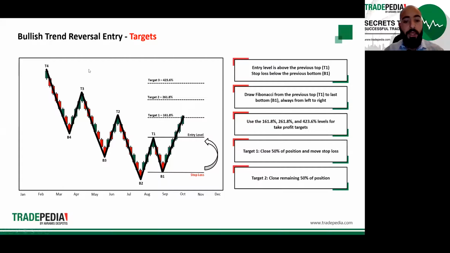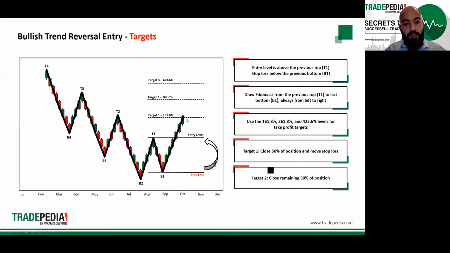If you want to wait all the way towards target 2, it is up to you as well. However, my advice for you guys, because you don't have enough experience now to know if prices are going to stop on target 1 or even go to target 2, we will play this nice game. We will close 50% on target 1, we book some profits, and then we move the stop loss to break even.